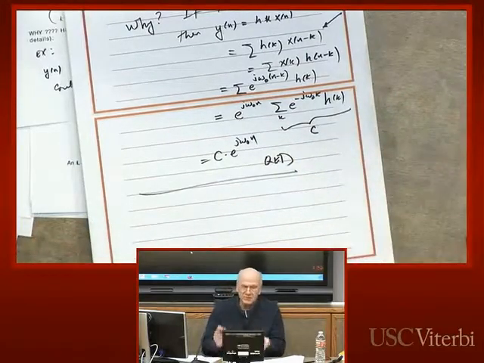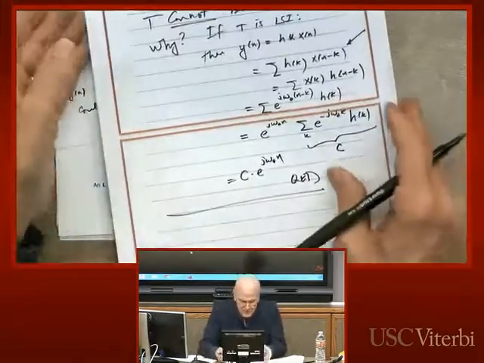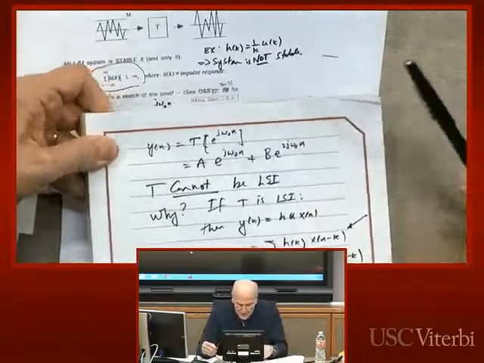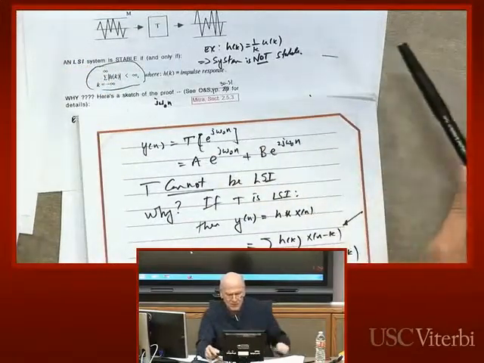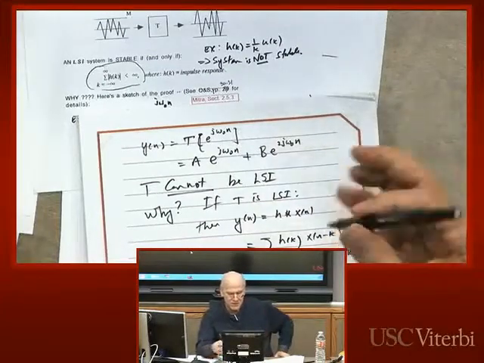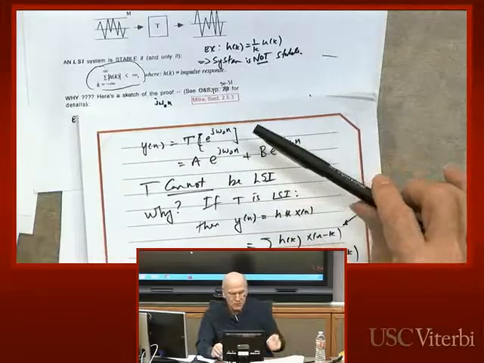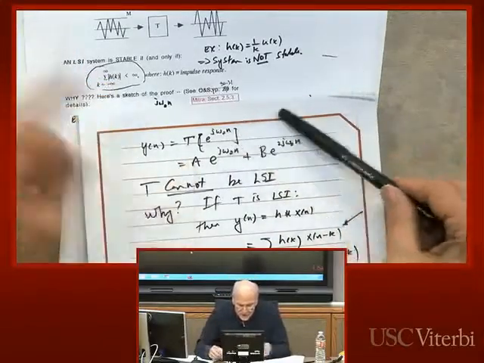So that's a very simple way to look at linear shift invariant systems. If you send in a simple sine wave, this is a good way to test whether a system is linear shift invariant. If you have some unknown system, one way to do it is to input a sine wave.